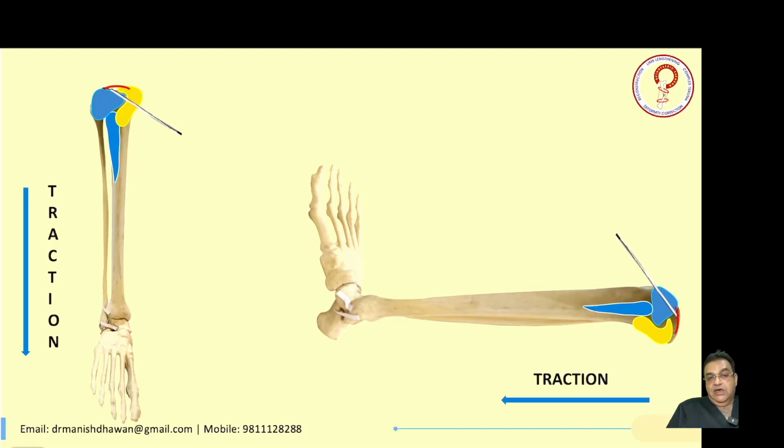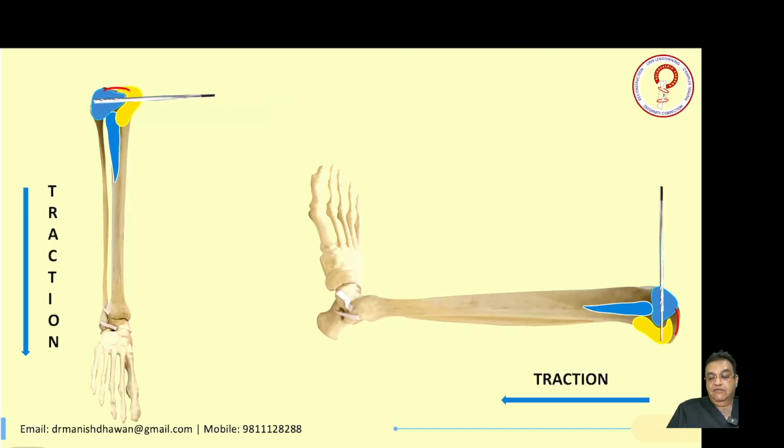Suppose you are not able to elevate with the joystick, then you can give a small incision and lift the fragment up. Once this is done, we hold the two major medial and lateral fragments with a guide wire. This is the guide wire which is going. Now we put a cannulated drill bit over the guide wire and do the drilling.